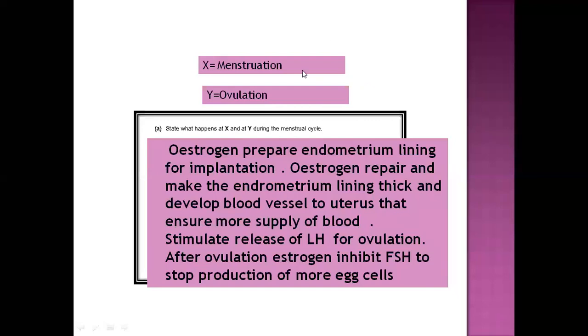No, FSH actually didn't stop. After ovulation, estrogen inhibits FSH to stop the production of more ova.